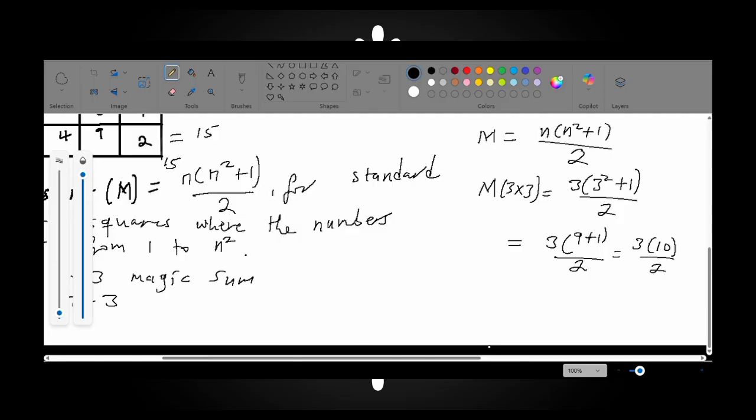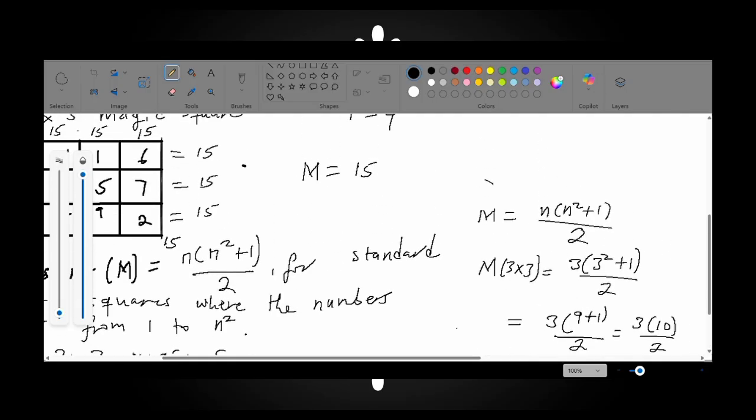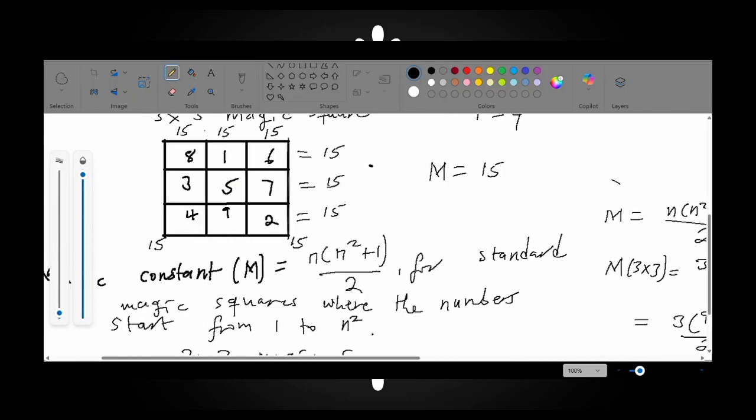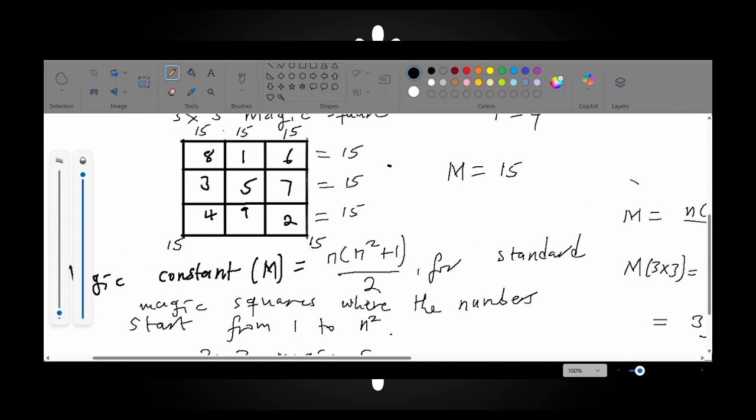And 2 can go into 10 how many times? That is 5, right? 3 times 5 is what? 15. So therefore, the magic constant for the 3 by 3 magic square, if you're talking of the standardized magic squares, is going to be 15.